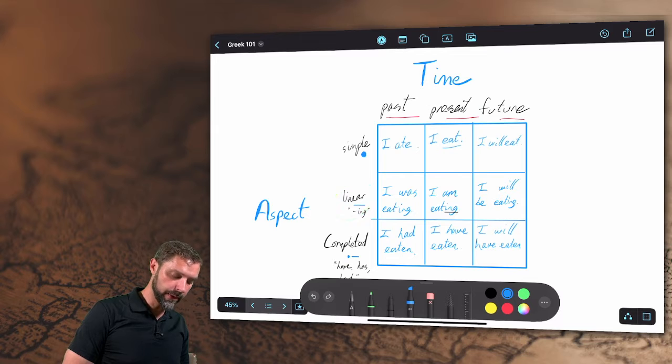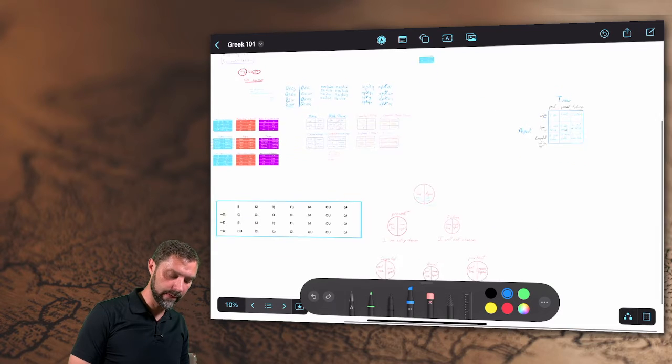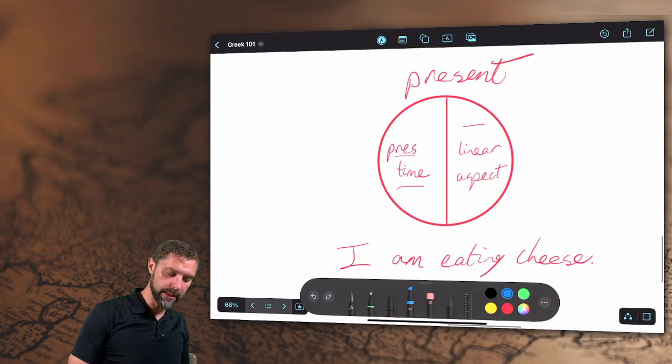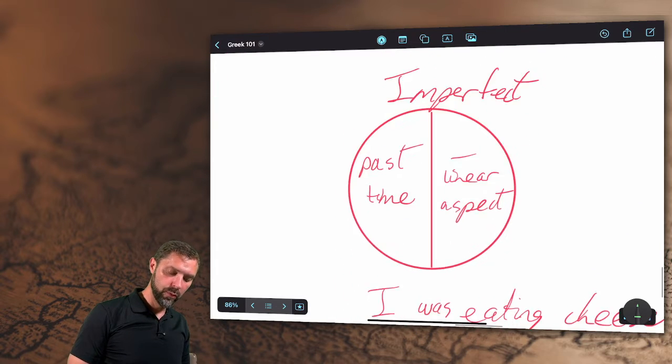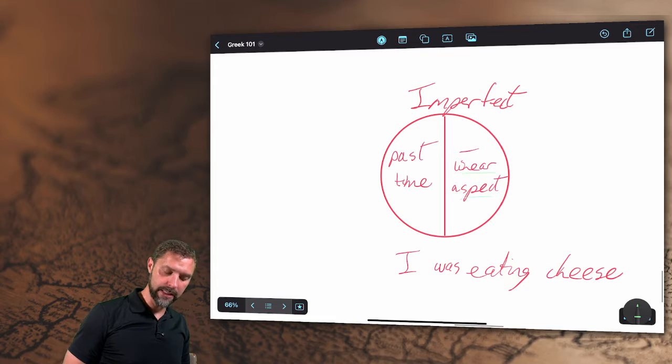Okay, so if I put that into this graph instead, the present tense was present time, linear aspect. I translated that, remember, if you want to do linear, then you do an ing. And so since I have an "am" present and an ing here, I can do "I am eating cheese." Okay, present linear. The imperfect tense will keep the same linear aspect, and so I also have the ing here.